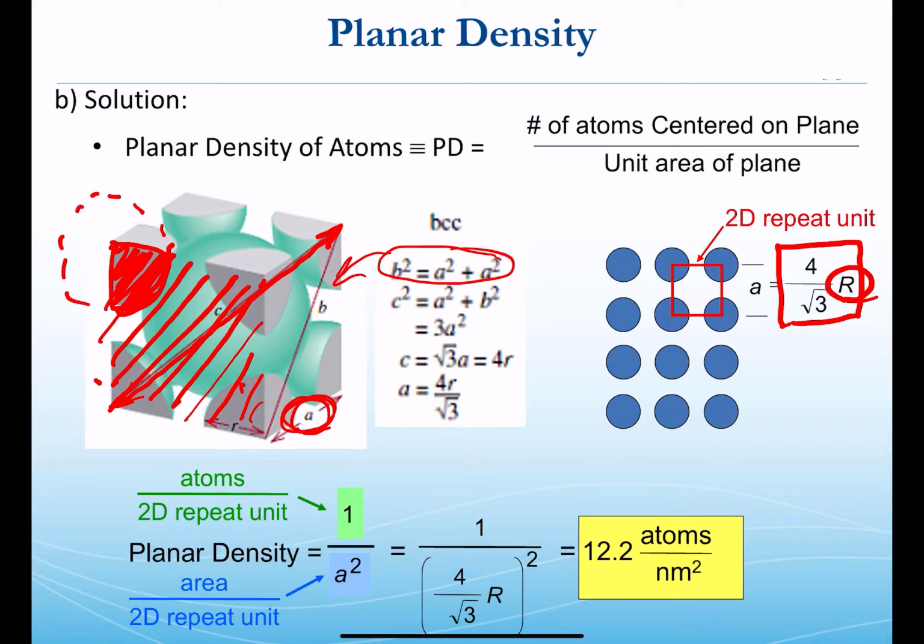So 4 times a quarter gives us this value here. Okay, so that's our numerator. We need to divide through by the area. So of course the area is A squared, which is going to be this value squared. And after running that math, you can see that here we're going to have an answer of 12.2 atoms per square nanometer.